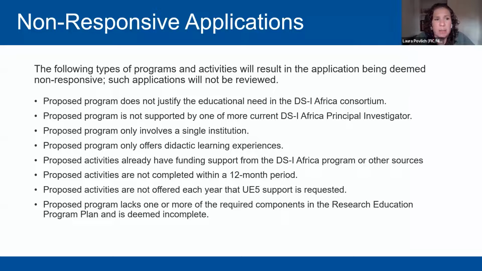This includes programs that do not justify the educational need in the DSI Africa Consortium, programs that are not supported by one or more current DSI Africa PI, programs that only involve a single institution, programs that only offer didactic learning experiences, proposed activities that already have funding from the DSI Africa program or other sources, proposed activities that are not completed within a 12-month period, proposed activities that are not offered each year of the UE5, and proposed programs that lack one or more of the required components in the research education program plan.